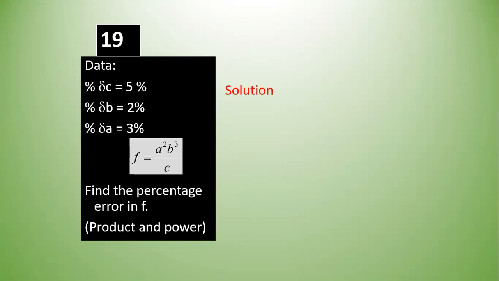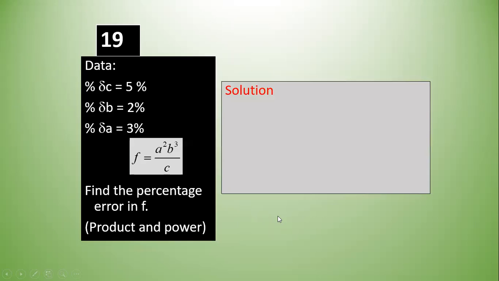Another example. Percentage uncertainty in C is 5%. Percentage uncertainty in B is 2%. Percentage uncertainty in A is 3%. You want to find the percentage uncertainty in F. Remember, this is product and power. So you should be able to write percentage uncertainty in F equals percentage uncertainty in A, because of the square, times 2.